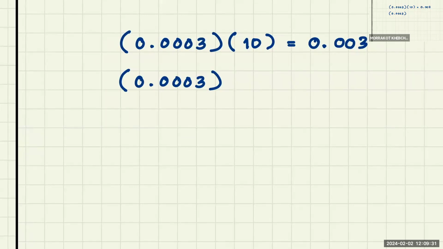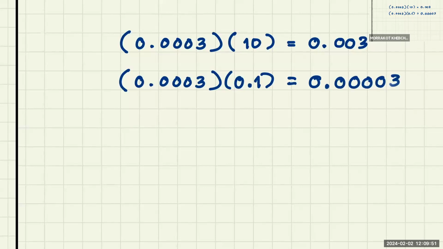Is it bigger? It's bigger, right? When you multiply by 10, it gives you a bigger, larger number. If I multiply by 0.1, what do I have? 0.0003.